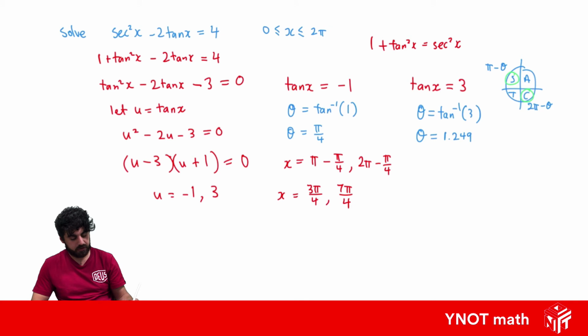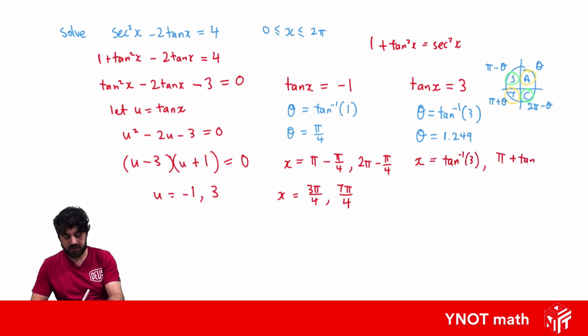So then we need answers for tan that are positive, and that's going to happen in our first quadrant and our third quadrant, where those answers are going to be the base angle itself and pi plus the base angle, which means those answers for x are going to be the inverse tan of 3, and pi plus the inverse tan of 3.